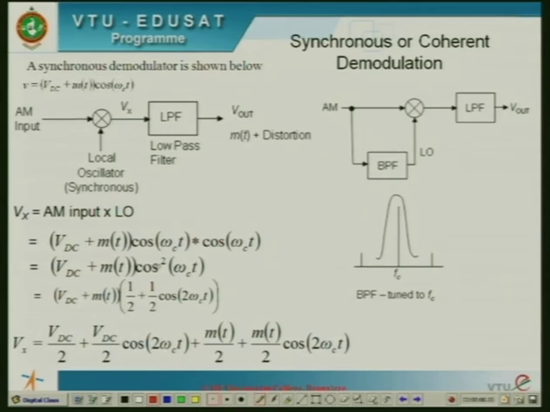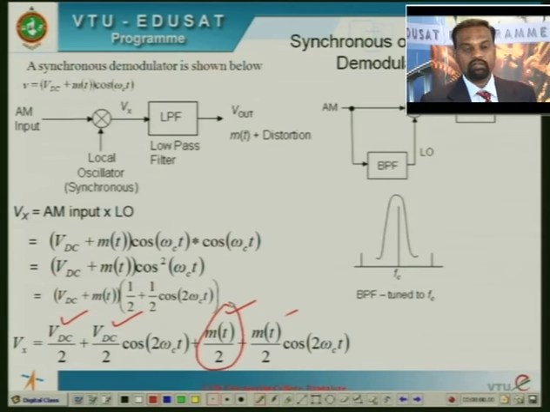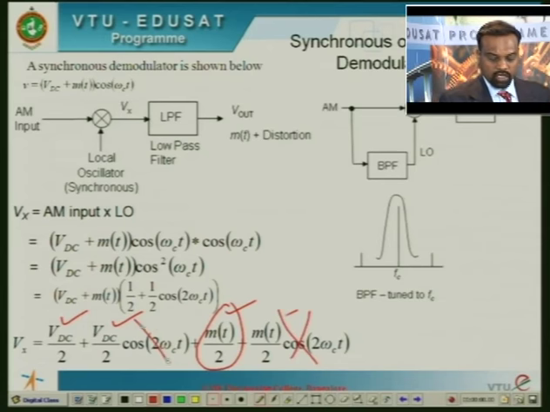Now we know that cos square omega ct is 1 by 2 plus 1 by 2 cos of 2 omega ct, and further multiplying this we have four components: the first, second, third and fourth component. All four components are now available. Out of all the four components, this component is of primary importance for us because it consists of the information, and all the other components are removed.